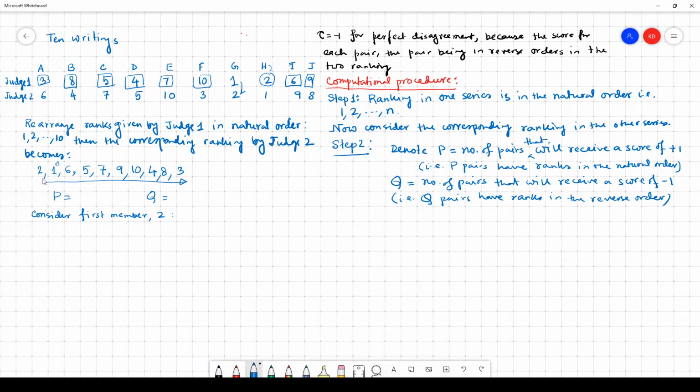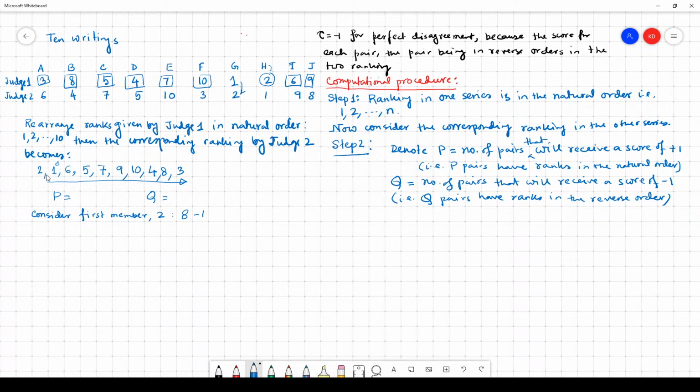If I consider the pair i is 2 and j for the other numbers, so consider the first member is 2, then there are 8 plus 1 and a single minus 1, because when the pair is 2, 1, it takes minus 1.